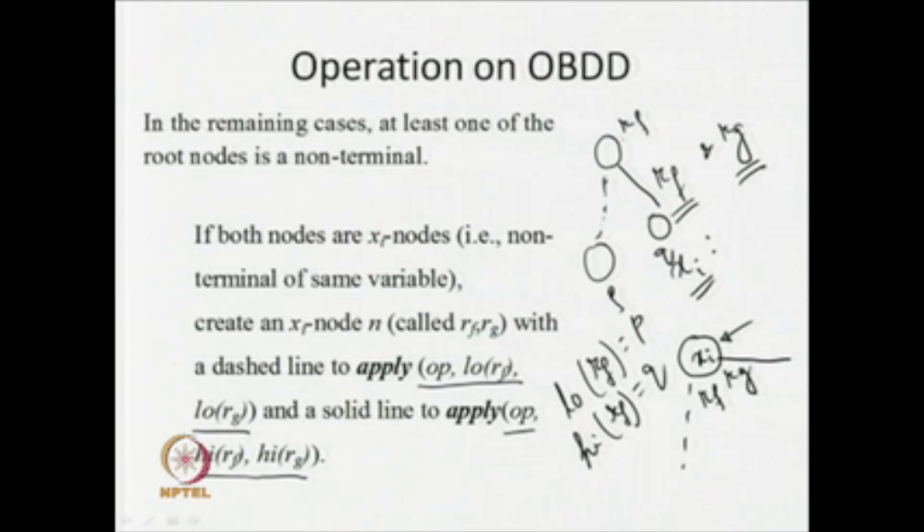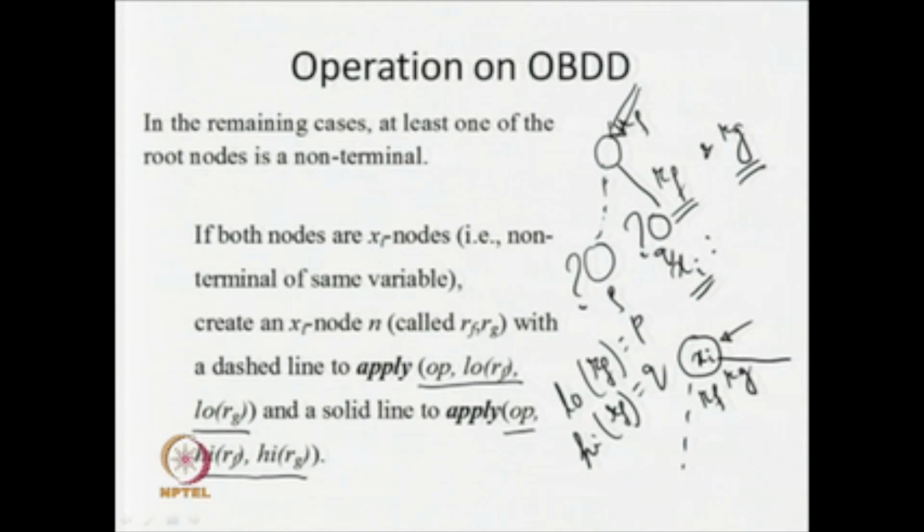That means, now when I am going to perform the operation on this particular RF and RG, next time what will happen? By looking into their valuation, we have to take decision on these two nodes P and Q. That is why we are applying these things of LO RF, LO RG, and in solid line apply OF of high RF, high RG.